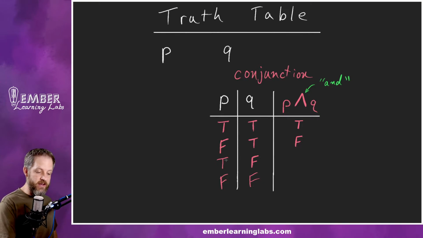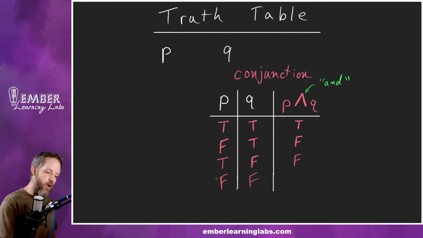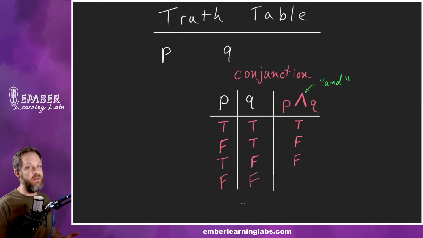Now, if P is true but Q is false, and we put those together with an and, it still comes out false, because they're not both true. They would have to both be true. Or the last option, if they're both false, obviously the and is false.